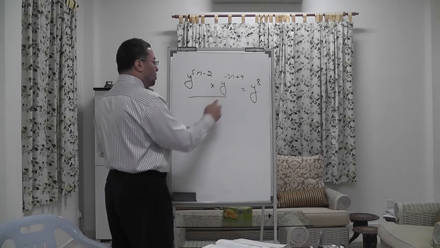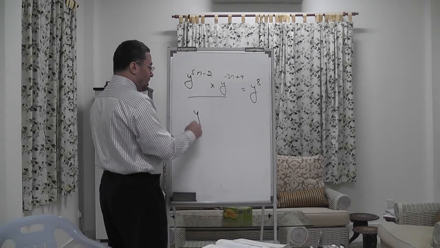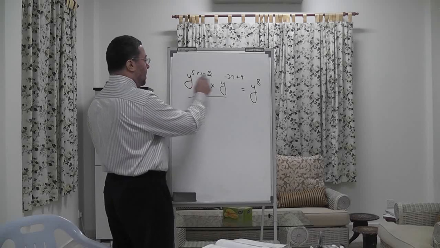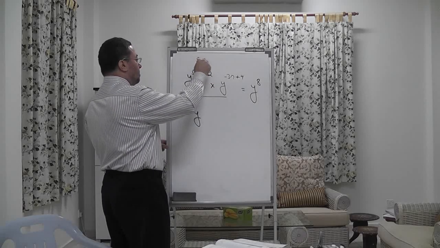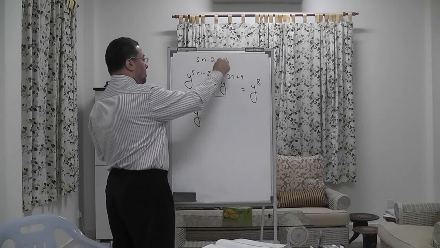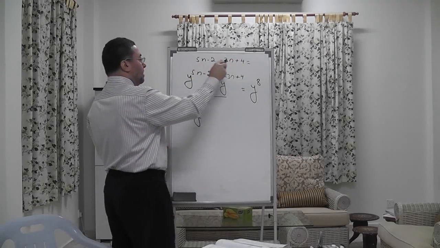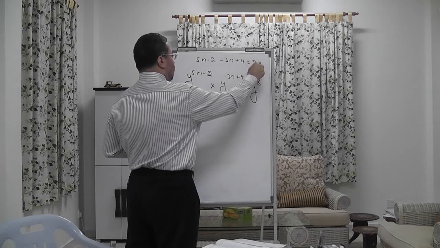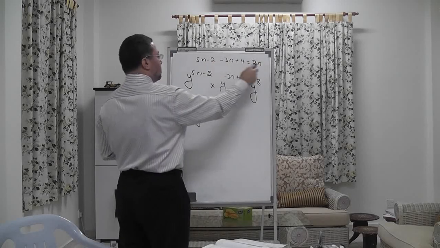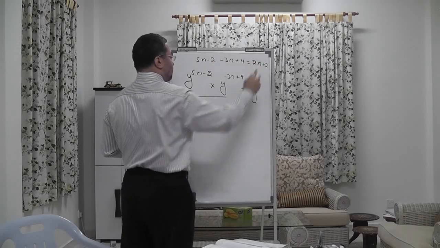Here, we are going to do this multiplication, and that will give us y. We add the powers. 5n minus 3n, that's 2n. And 4 minus 2, that's plus 2.